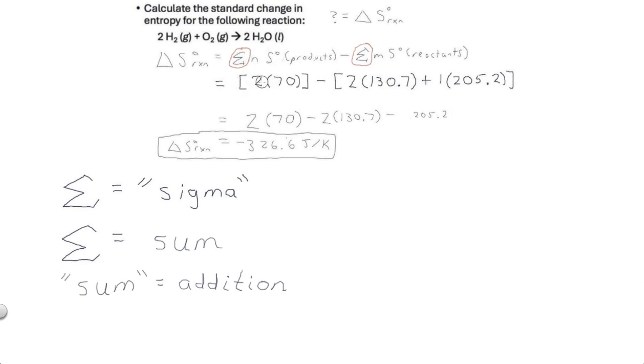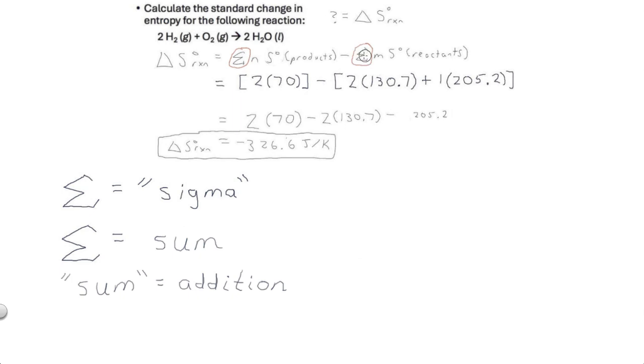Therefore, inside these brackets, we add all the terms for the products. In this particular chemical reaction, there is only one product, so we only have one term to write inside these brackets.